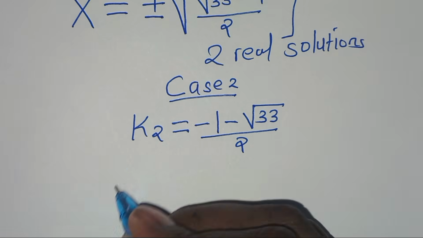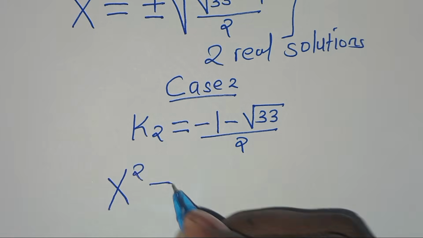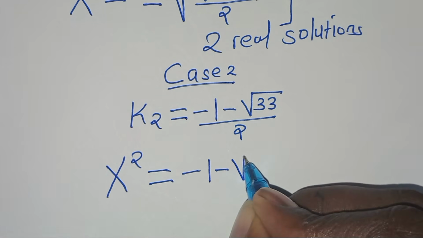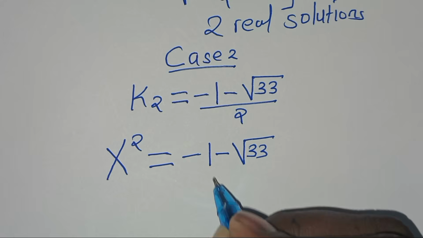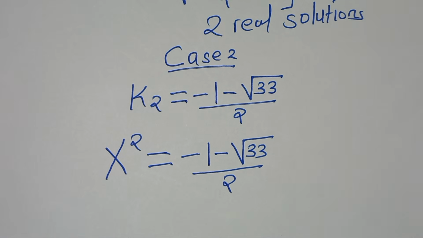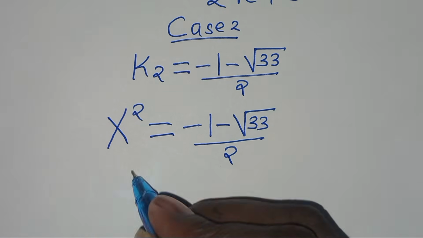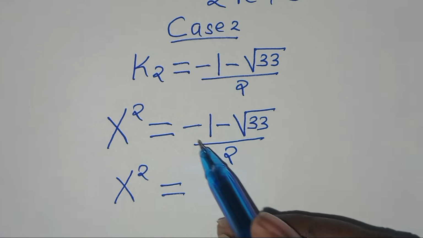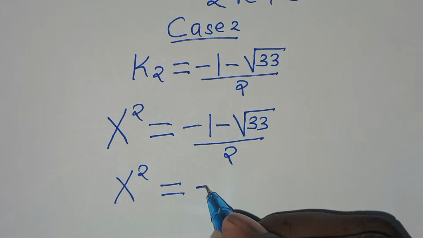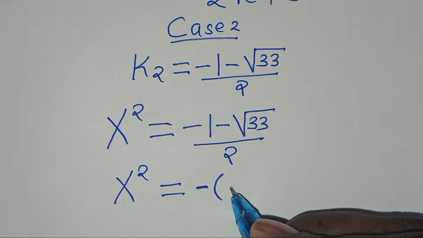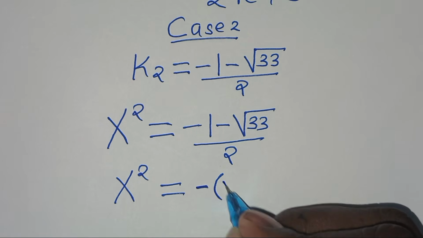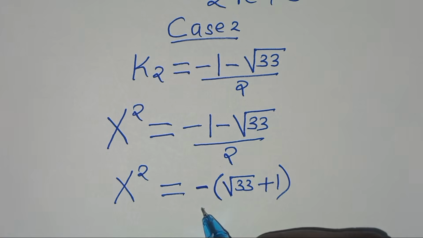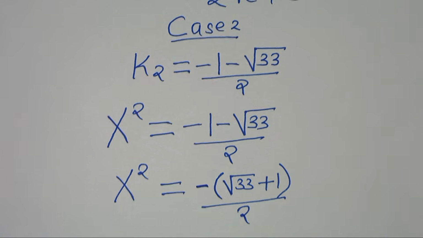Now, we have that x to the power of 2 is equal to -1 minus square root of 33, then divided by 2, which you can express as x to the power of 2 equal to, now, negative is common here, so we can factor out negative, so that this is the same thing as the square root of 33 plus 1 divided by 2 multiplied by -1.